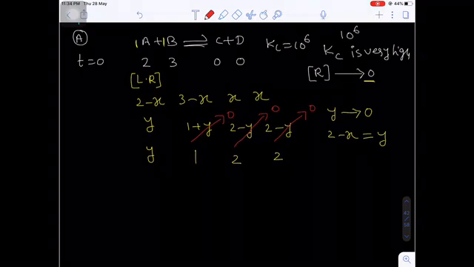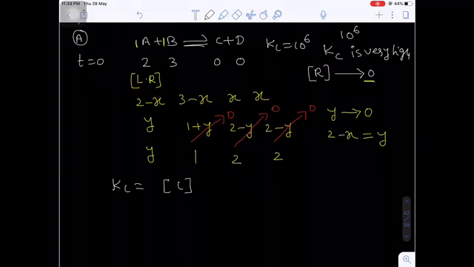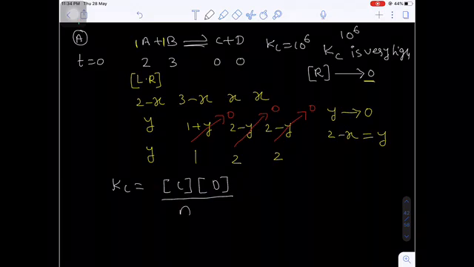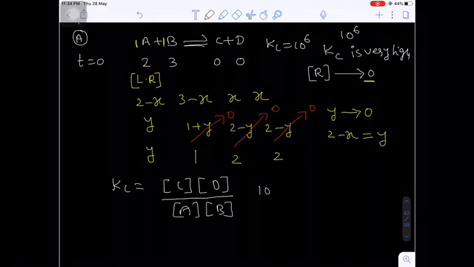Now here, what is the expression for Kc? Kc is equal to the concentration of C multiplied by D, whole divided by the concentration of A multiplied by the concentration of B. What is the Kc value given to you? 10 raised to 6.